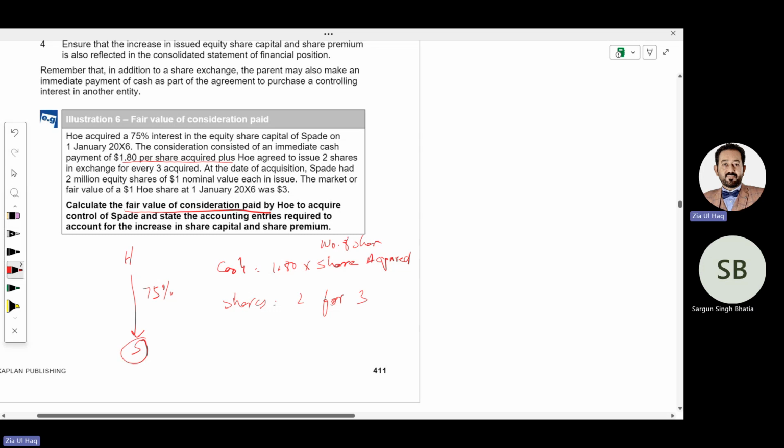H is buying 75% share capital, and part of the payment they will pay in cash, and part they will give as their own shares. Through this S will also be owner of it.